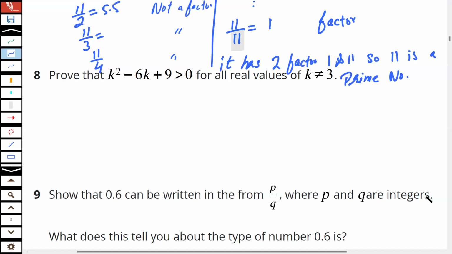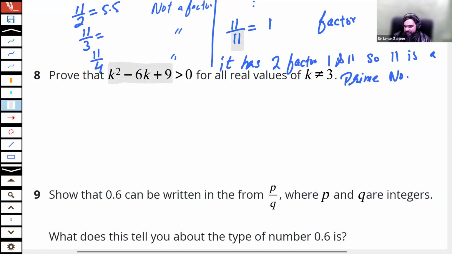Not quadratics, we will use the deduction method. In deduction, we have to use algebra and logic. So first of all, I need to rewrite this value in completing square form, because I know that if any value is a whole square, it is always greater than or equal to 0.